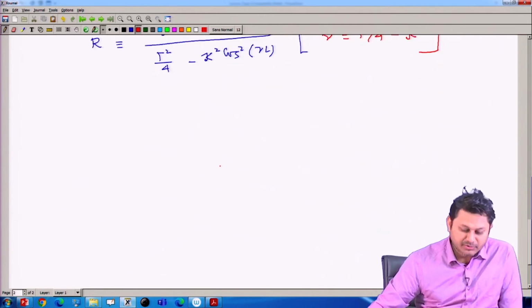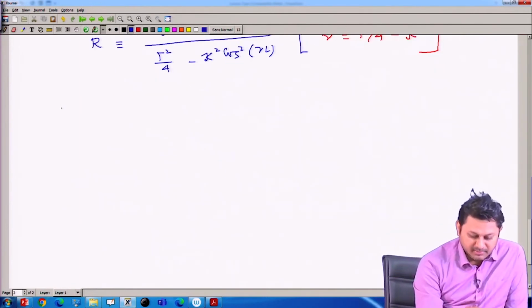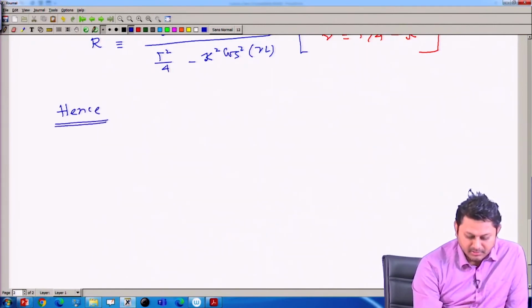So now I should summarize. Hence I have several representations of R, so I need to write down clearly.